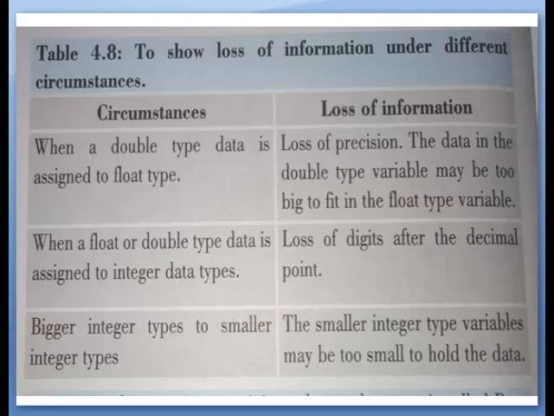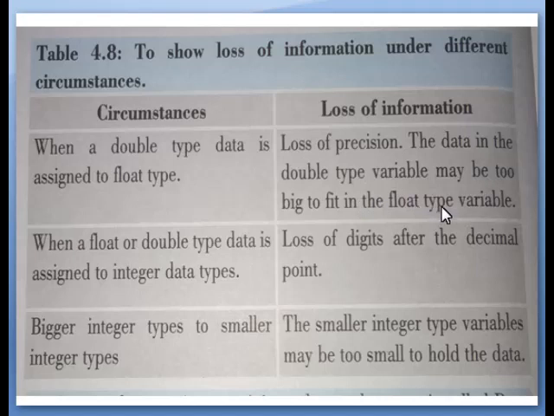This table shows the loss of information under different circumstances. See the circumstances and the loss of information. When double type data is assigned to float type, there is loss of precision, as the data in the double type variable may be too big to fit in the float type variable.